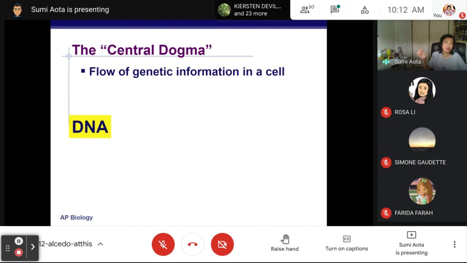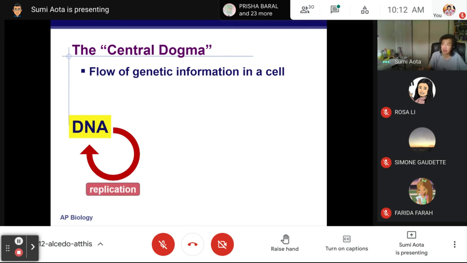One concept I want you to understand, because we're going to be talking about this quite a bit throughout the rest of this unit, is something called the central dogma. It's how genetic information moves inside a cell. DNA can either copy itself, which is replication, or it can be used to make proteins.